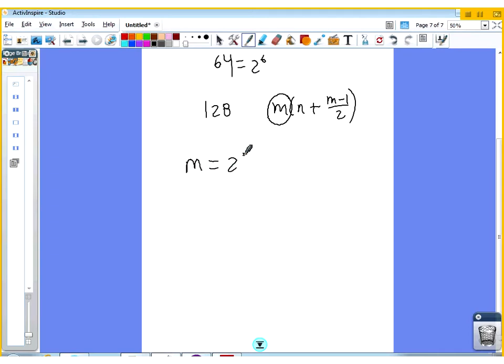Now that it's 2K, you're going to have 2K plus NK minus 1 over 2. So this number is going to be a half number, in between integers, right? Not really a fraction. So why can't this number, well, because this whole thing is an integer, right?